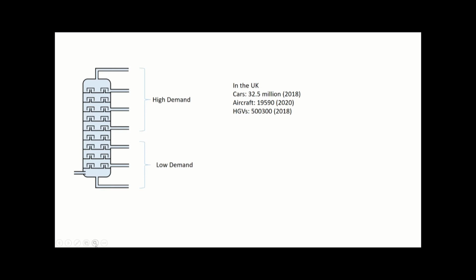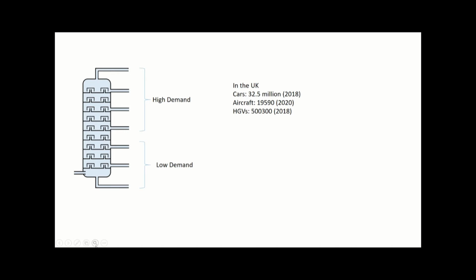Again, that's not including the ones that come here on ferries, and some of ours that are registered in the UK are going to be on the continent. But that's the figures for cars, aircraft, and HGVs, which of course use the petroleum fraction, the gasoline fraction that is, or the diesel fraction, or the kerosene fraction for the aircraft. And those are all in this high demand section, and that's why there are quite a few of these.